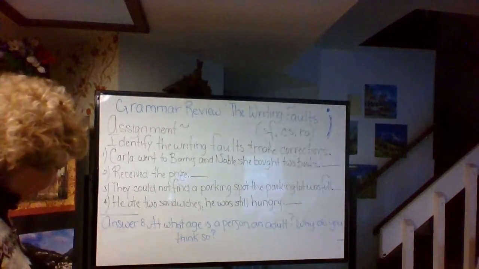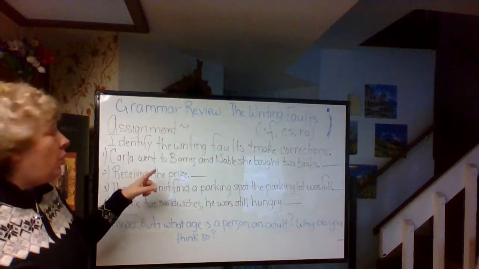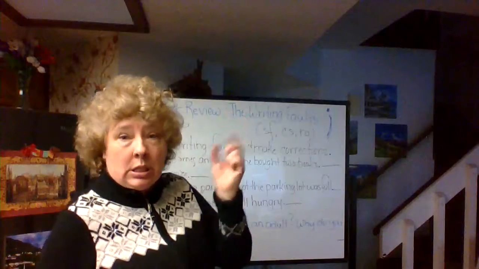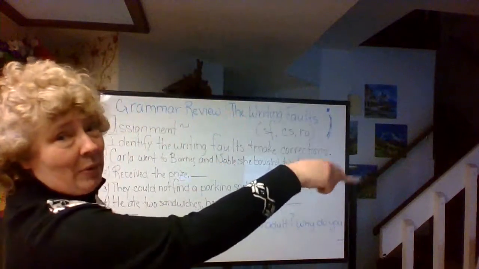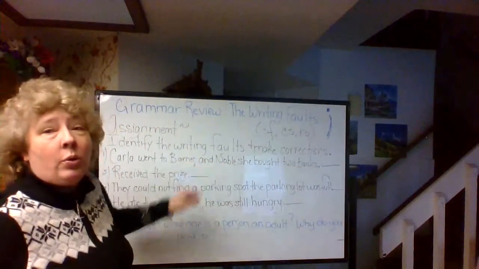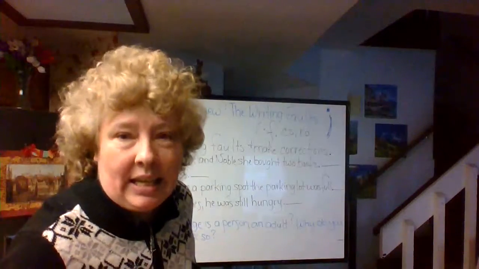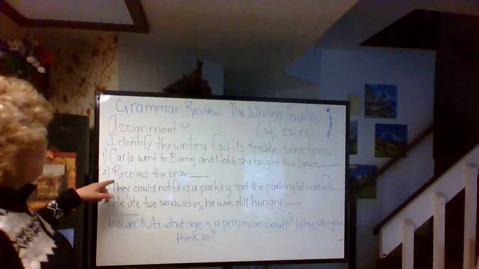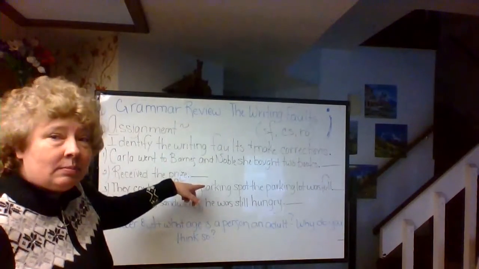So number 1. Carla went to Barnes & Noble. She bought 2 books. Tell me what it is. Below here, write it again correctly this time. You're making corrections. Number 2, receive the prize.